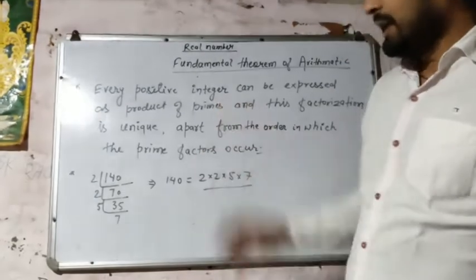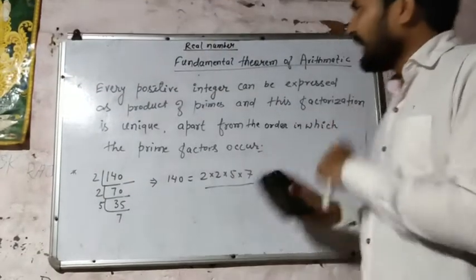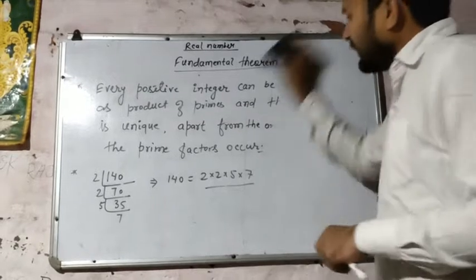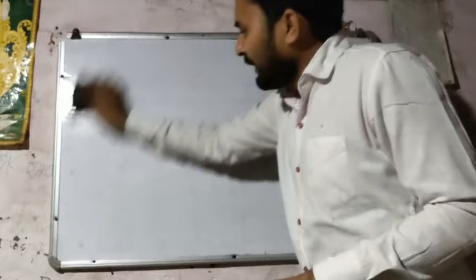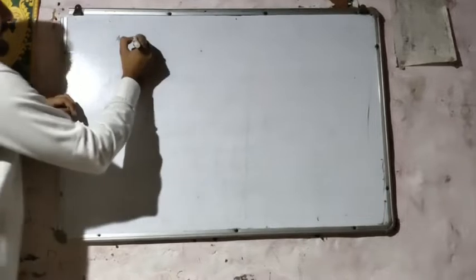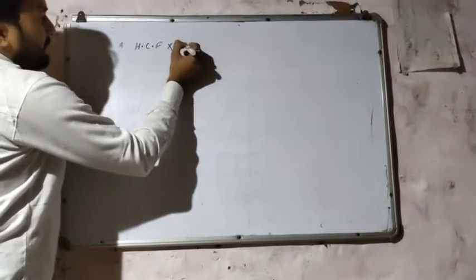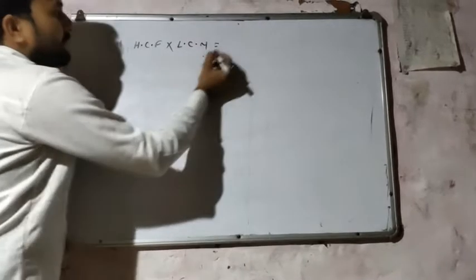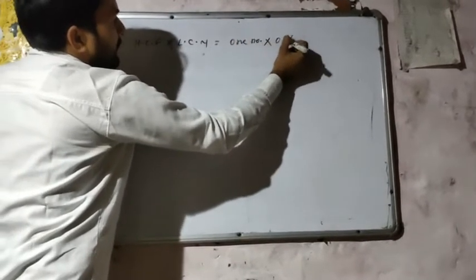Now moving ahead, we have to discuss one or two formulas that are related to exercise 1.2. That formula is HCF into LCM equals one number into the other number.